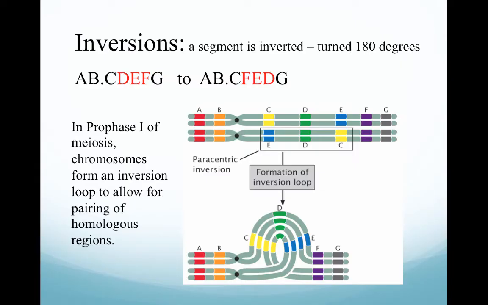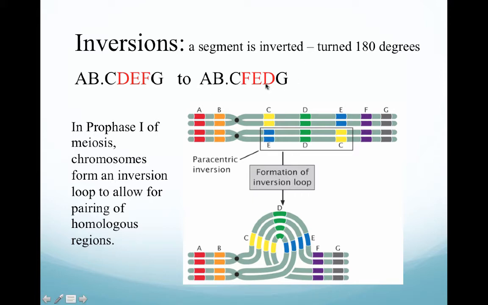So to regress just a little bit, let's talk more broadly about inversions. Again, this is going to be where a segment of the chromosome is actually turned 180 degrees. So for example here, if we have our genes A and B on the short end of the chromosome, followed by our centrosome or centromere, and then genes C, D, E, F, and G, when the chromosome goes through the S phase, or the synthesis phase, and that chromosome is replicated again, an inversion actually will occur.